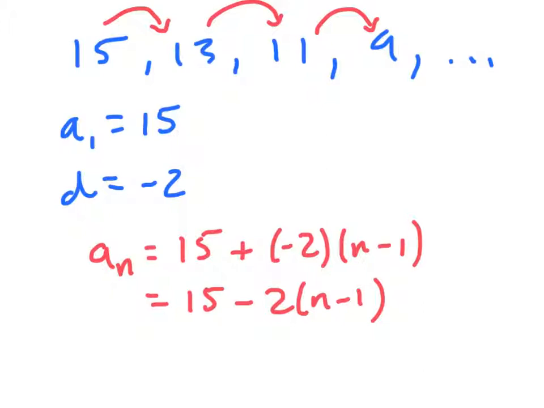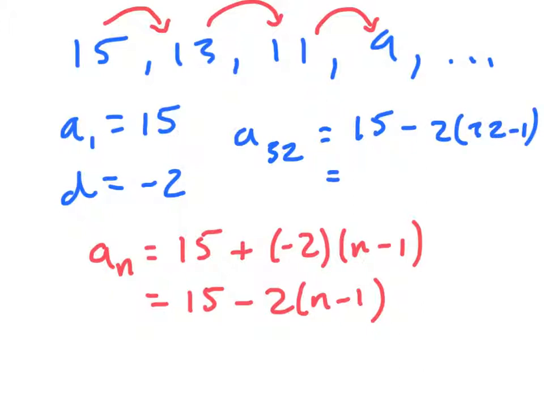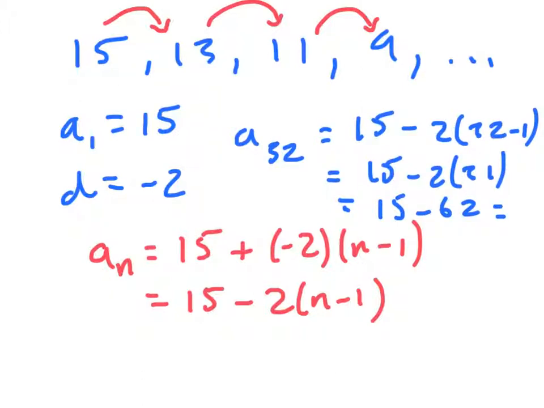So if I wanted to figure out what is a sub 32, or the 32nd term, all I do is plug in 32. So I get 15 minus 2 times 32 minus 1, or 15 minus 2 times 31, or 15 minus 62. And that means when I finish solving it, I get negative 47.